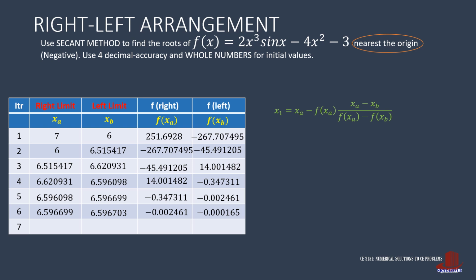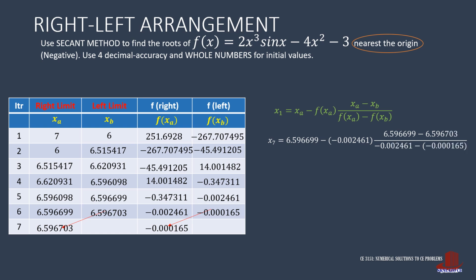We have already reached the root from the previous arrangement, but then we try to check for convergence. So slide the values of xb and f of xb again, then solve for xb, which then gives the same value of 6.596703.